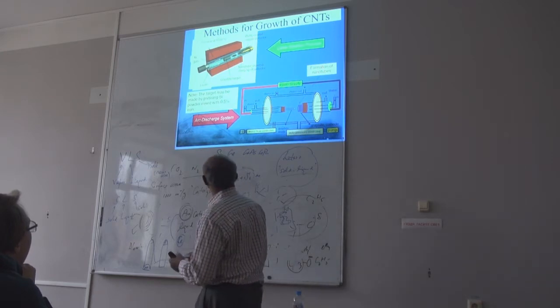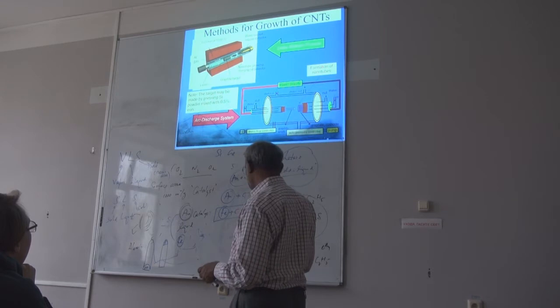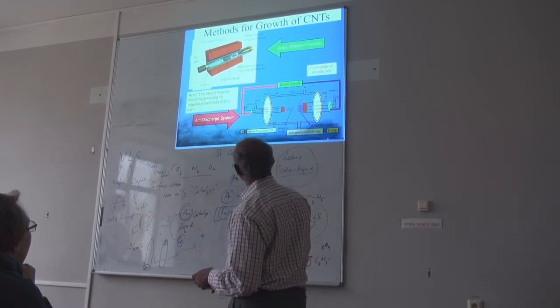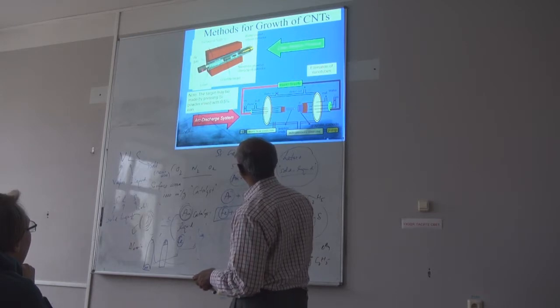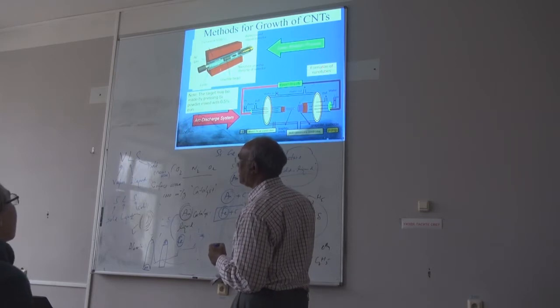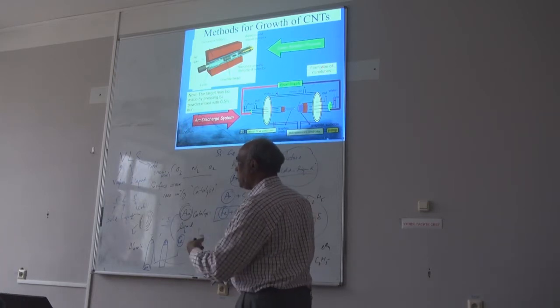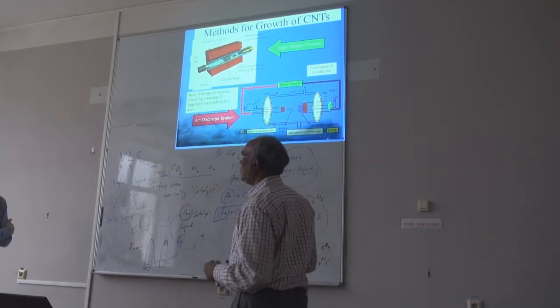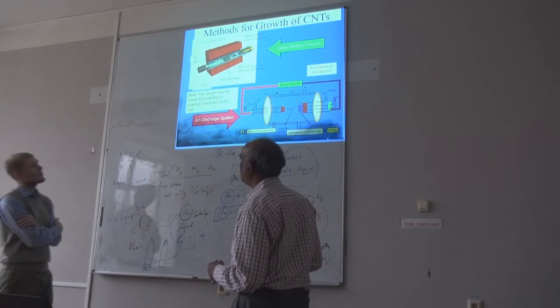So if you use the iron particles, you can do the same way. You take some carbon, the graphite, you put the laser and ablate it, then you get carbon vapor. Then you have iron nanoparticles. From there you grow carbon nanotubes. Is it only one nanotube?